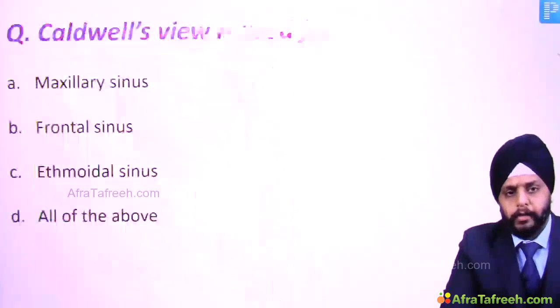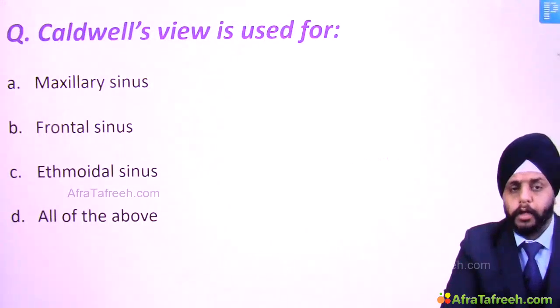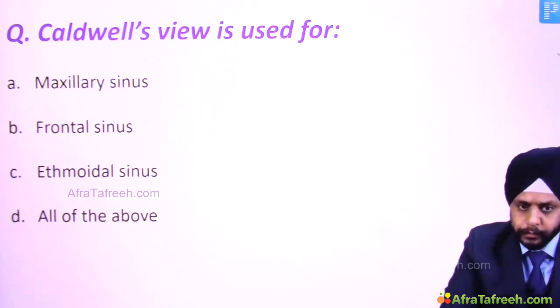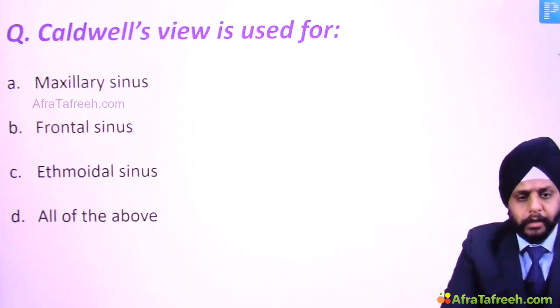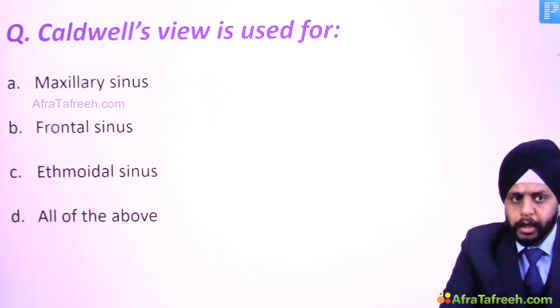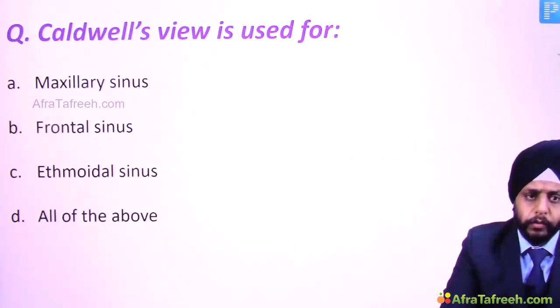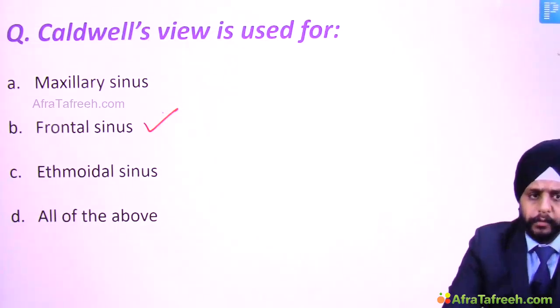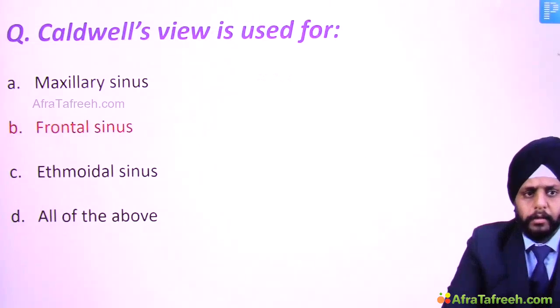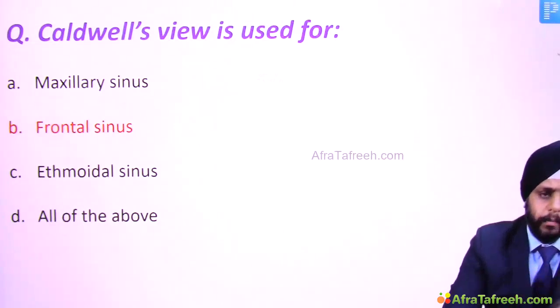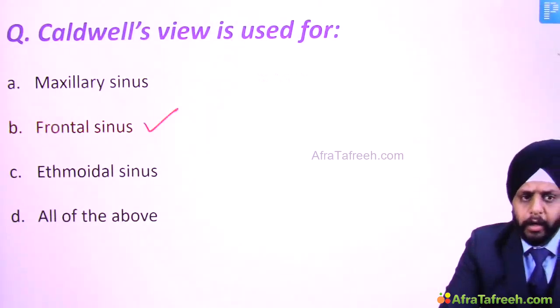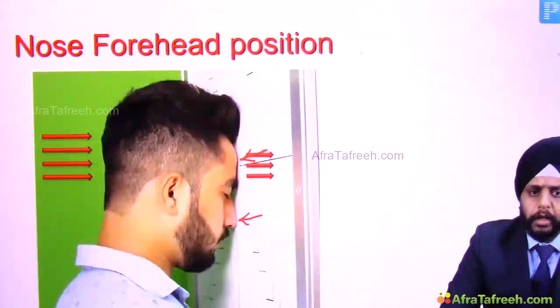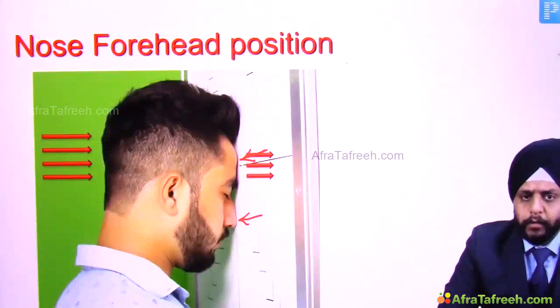And this is the best X-ray view for frontal sinus. Okay, so this question was asked in the NEET January 2018: Cardwell's view is used for. Now we know the answer is frontal sinus. Right? Clear?